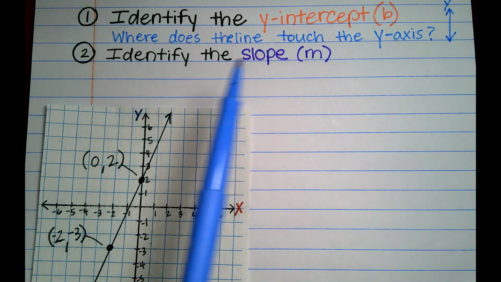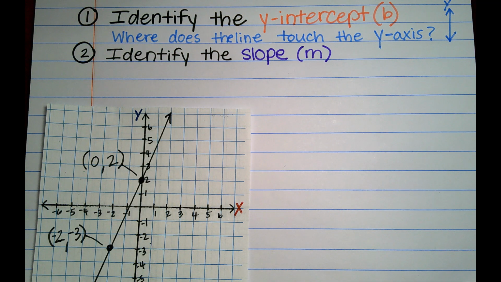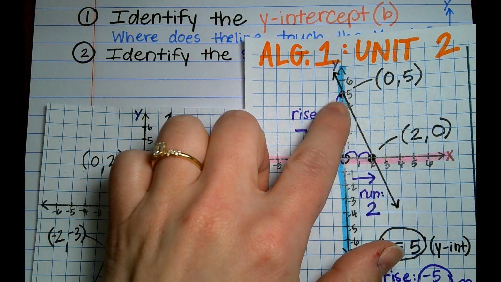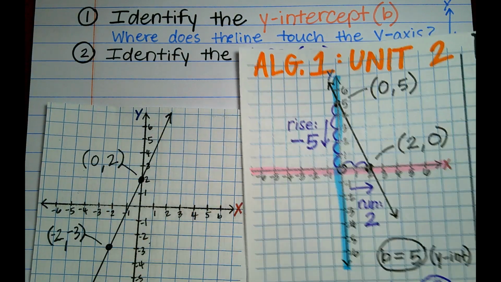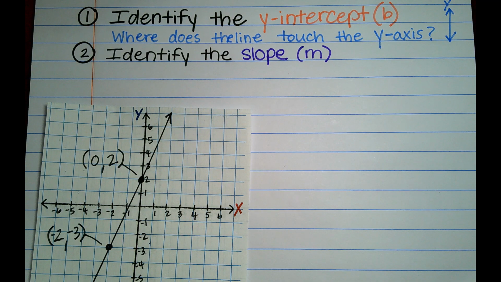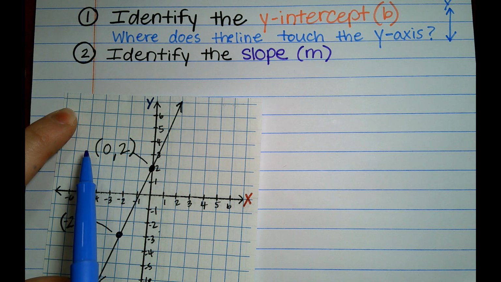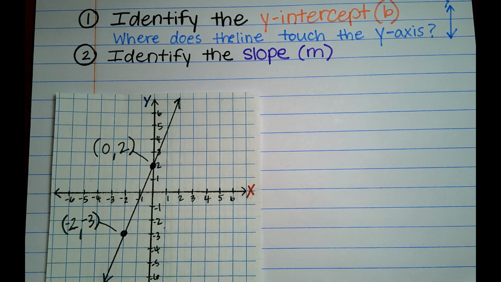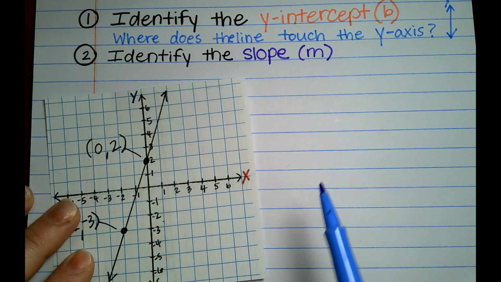Now to find the slope, I know on the first problem that I showed you, we did start from the y-intercept. Like here, we started from the y-intercept, counted down and counted over. The reason for that was because the y-intercept was coming from the left side of the graph. Basically in math, we like to do things from left to right, the way that we read.